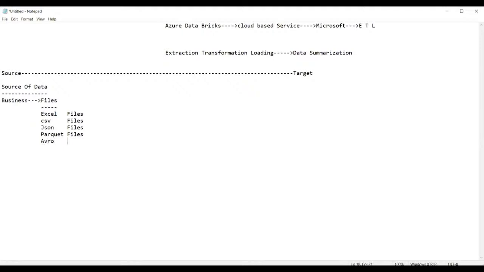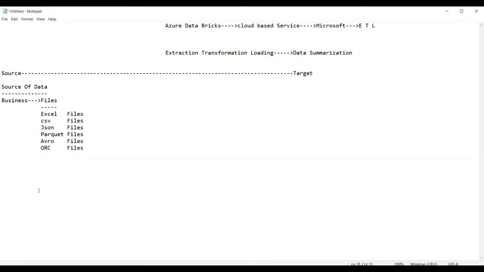Avro files. And then we can also have ORC files, various types of files. That means we get the data ultimately from the business, and this will be recorded in the form of files: Excel files, comma separated value files, JSON files, Parquet files, Avro files, ORC files.